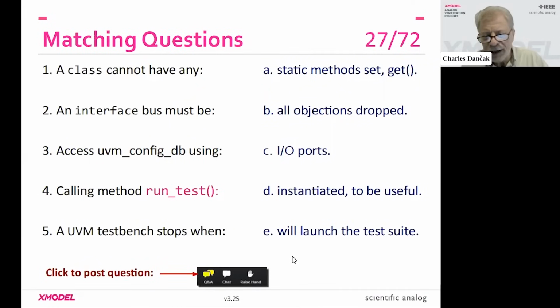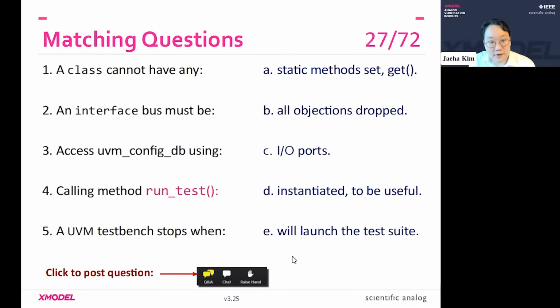The user really doesn't have to do anything except the set and get methods we saw. It's simply a class pointer to the actual physical interface bus instance name. So it's a kind of pointer that can point to any type of class, any type of object.